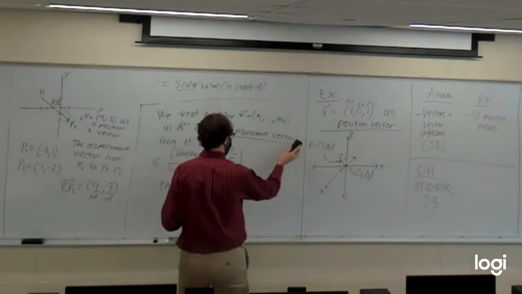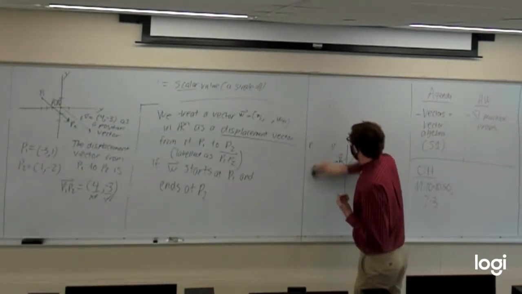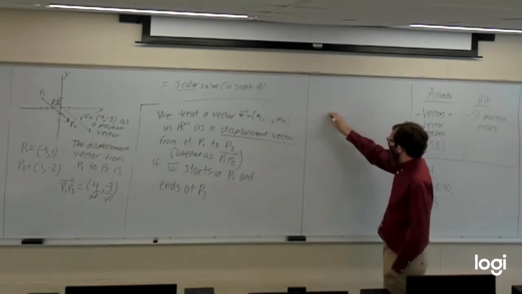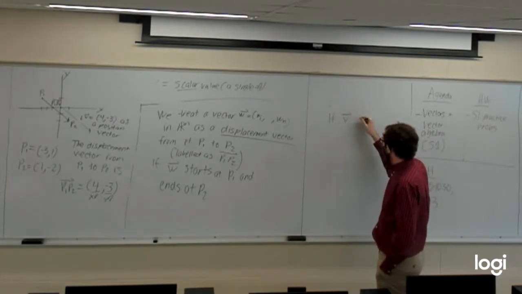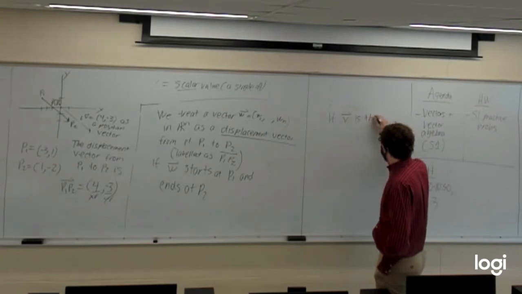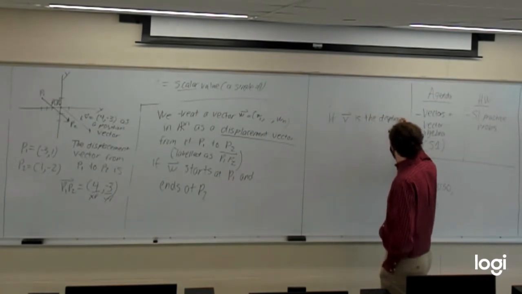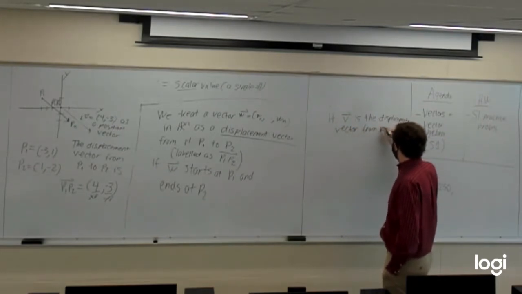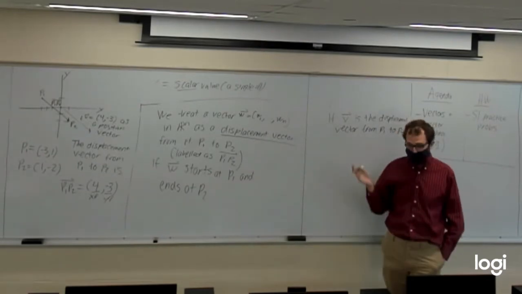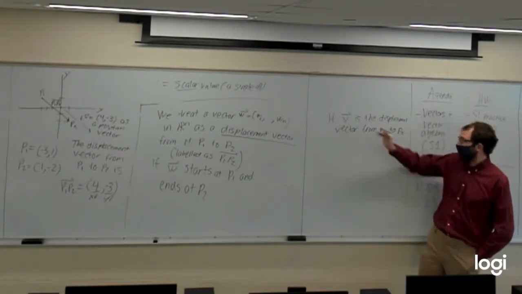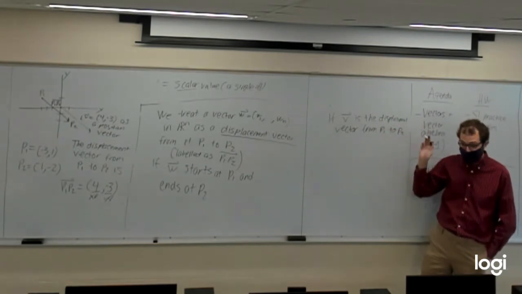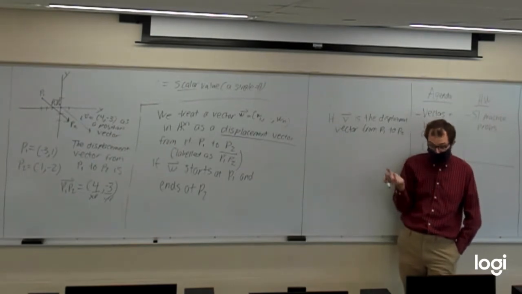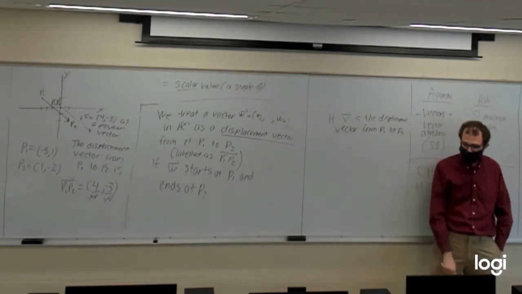So now let's propose that if we say V is the displacement vector from P1 to P2, in general, let's say you have two points in some dimension and V is a displacement vector from P1 to P2. You're proposing that if we take negative V, that would be a displacement vector from P2 to P1. Why is that the case?